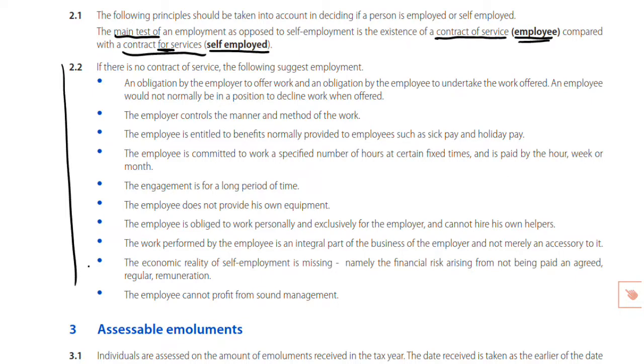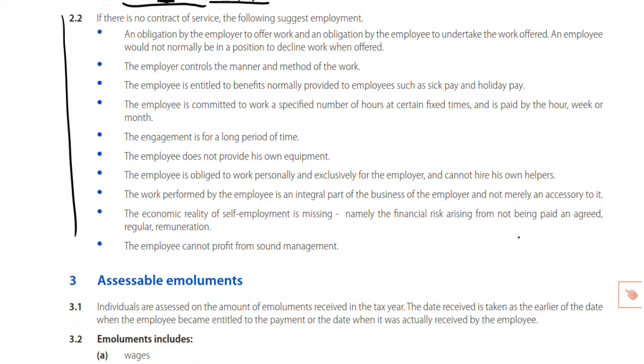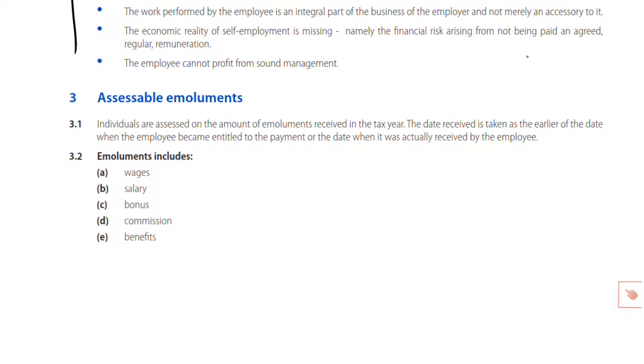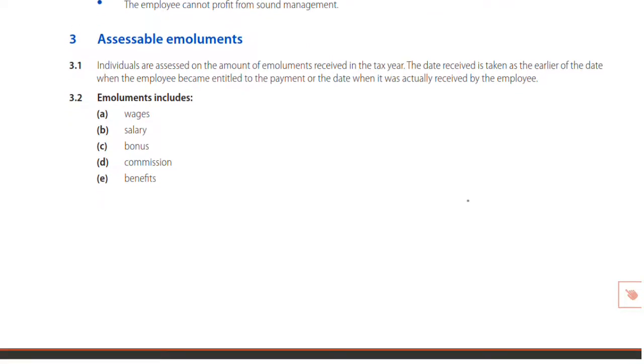What, in the absence of a very explicit contract of service, a contract of employment, what would suggest that the work that is being done by the individual is that of an employee rather than a self-employed unincorporated trader. Now again, you don't need to be reading through these now, but you will be needing to look at that closer to examination date.